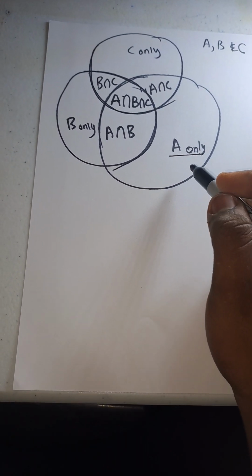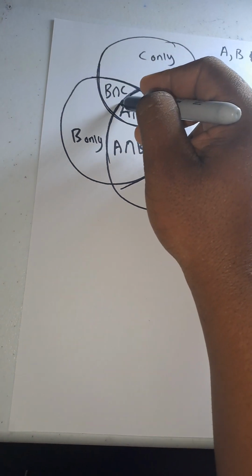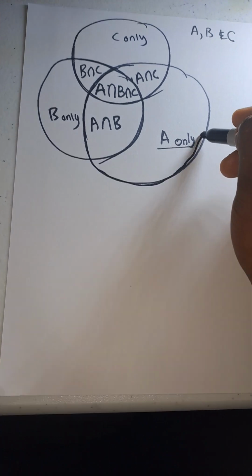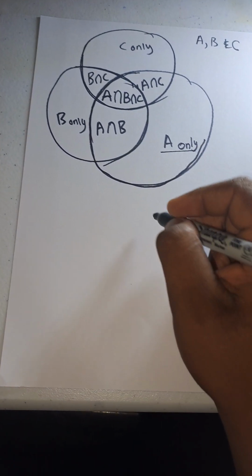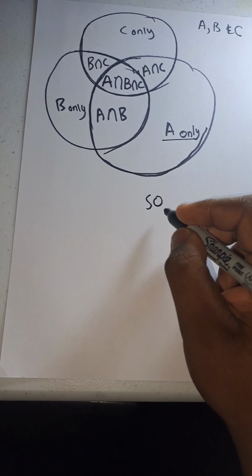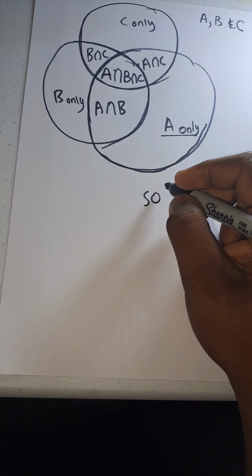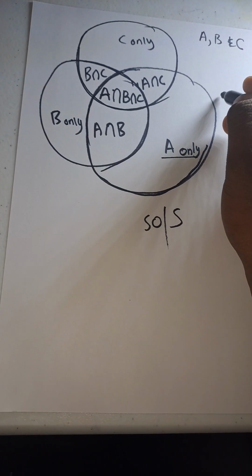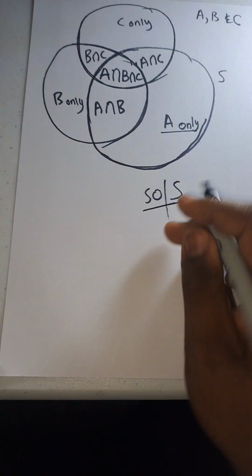But the main thing is to know that this is A only. And another thing that I want you to know is that this thing as a whole represents A. They can tell you that maybe 50 people are interested in, let me say, soccer. So you're going to have soccer here, but they're going to leave it like that.